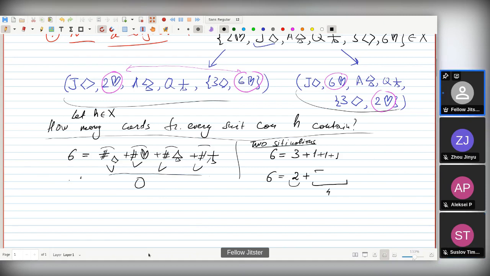Four cards to be distributed among three suits. Which distributions are possible? Of course, taking into account our constraint that every suit contains at least one card.